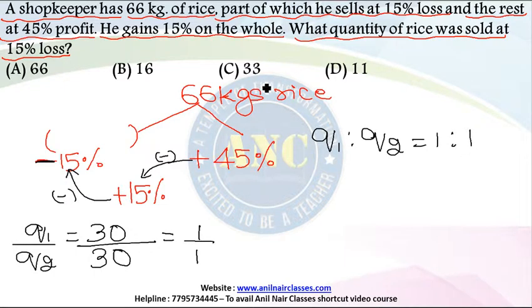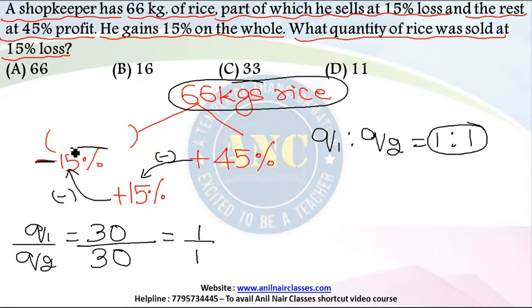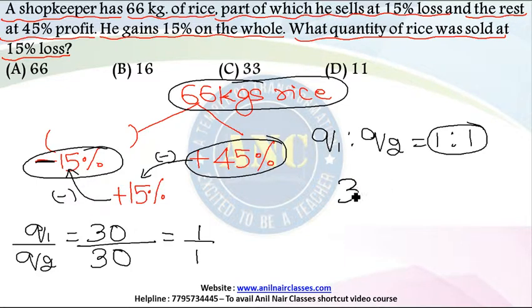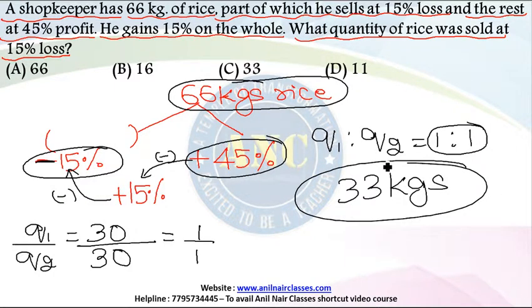Out of the total 66 kgs of rice, equal amounts are sold at 15% loss and 45% profit. 66 divided equally is 33 kg. So 33 kgs of rice was sold at 15% loss and another 33 kgs was sold at 45% profit, so that the resultant became 15% profit.